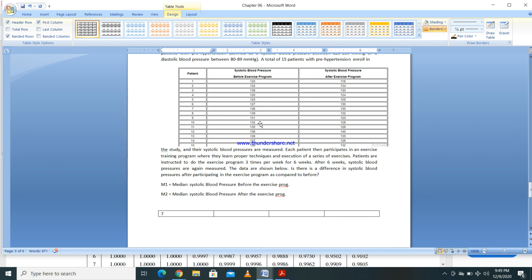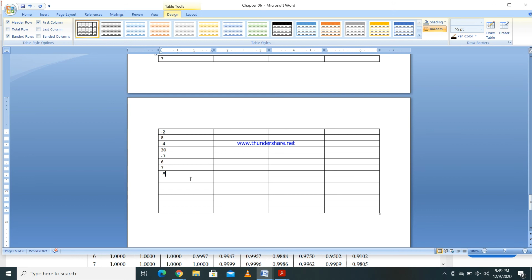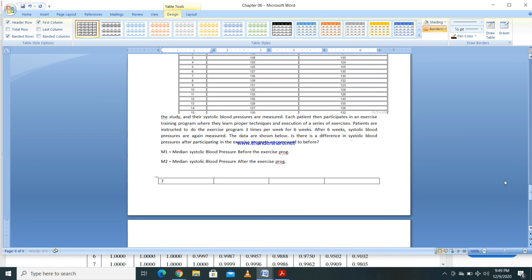right? And then 132 minus 128, that is minus 4. The next value is minus 4. And then you have 135. Sorry, I have made a small mistake.